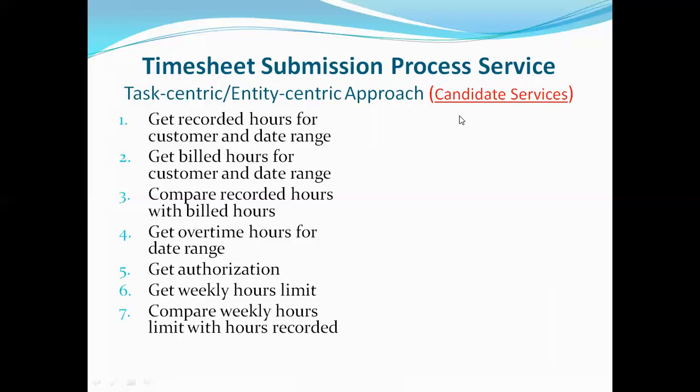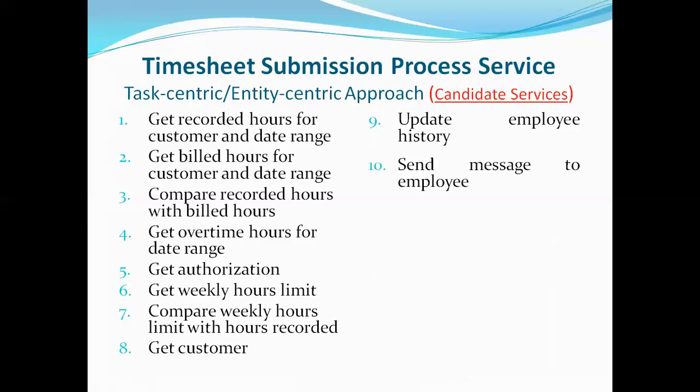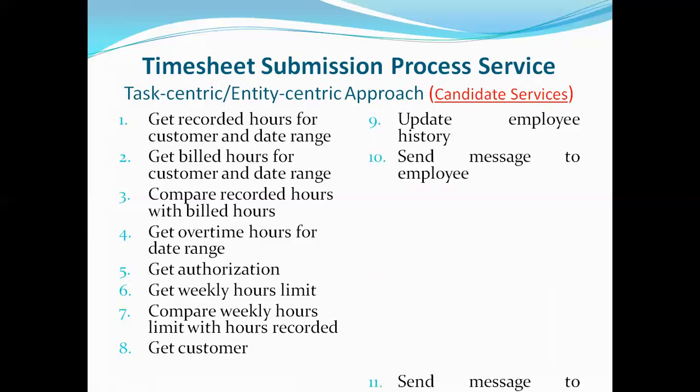Then compare weekly hour limit with the hours recorded. And the last one is get the customer. So this is accepting the timesheet. If the timesheet is rejected, then three more candidate services are identified: update employee history, send message to the employee, and send message to the manager.